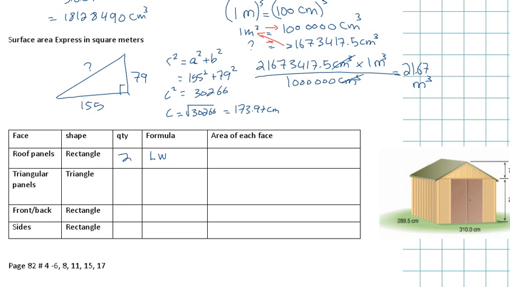I'm still doing the same thing, multiplying this times this. What does S represent? It's the slant side, just because we're going to be using length a lot.